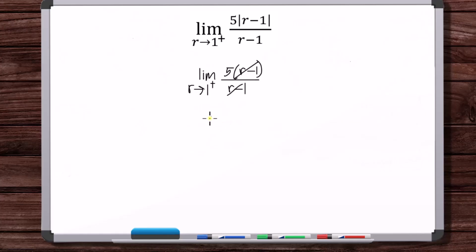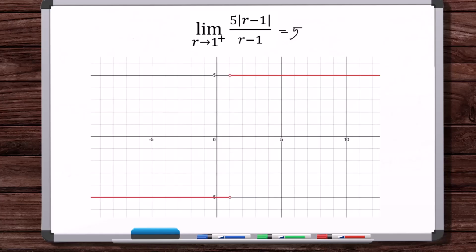So these cancel, and you're left with the limit as r approaches 1 from the right of 5, which is just 5. The function is approaching 5.